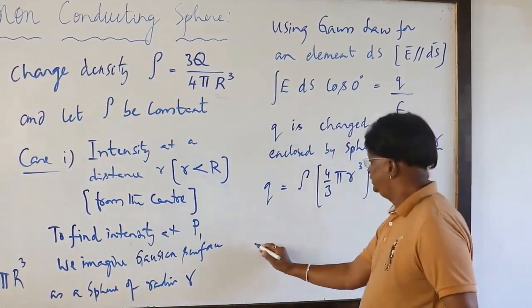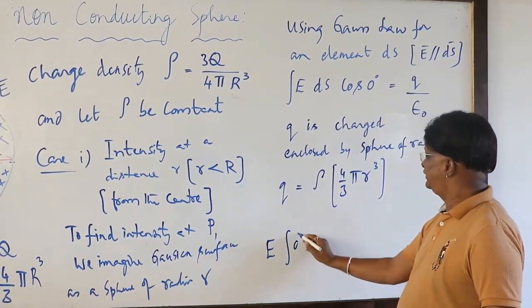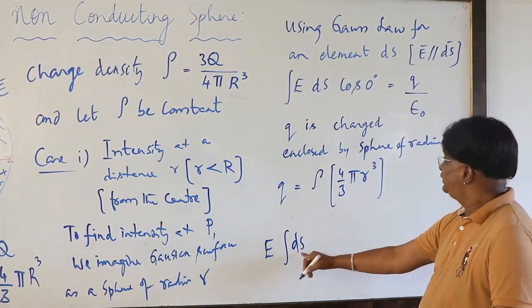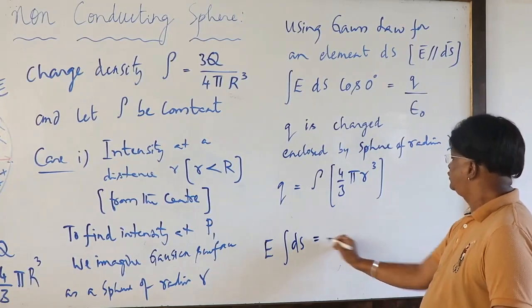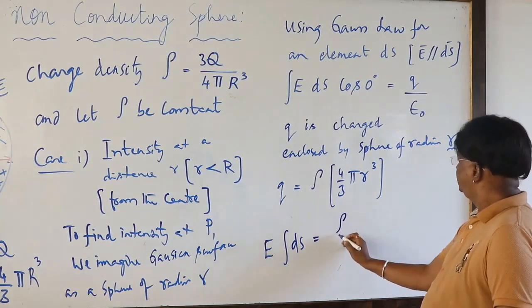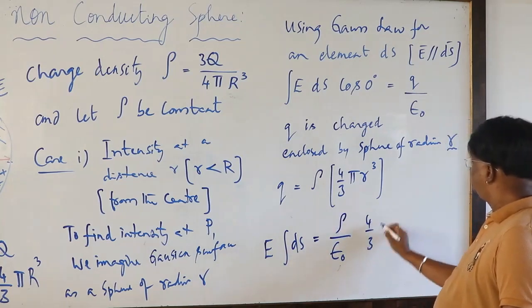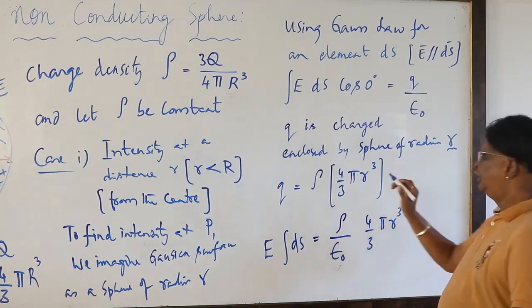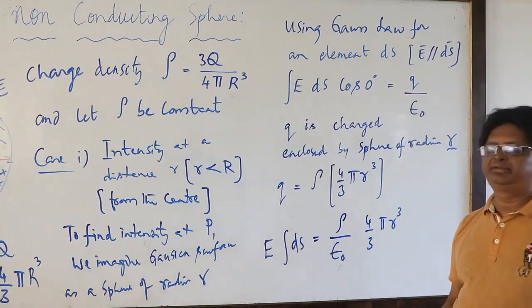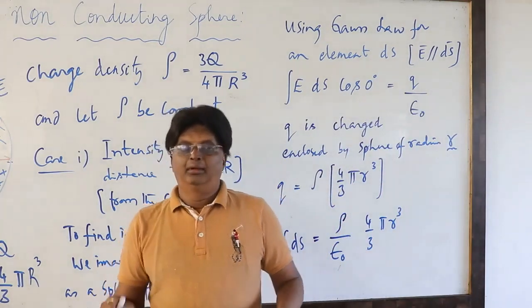This is integral E ds, and taking E outside the operator, E integral ds is equal to q, which is now nothing but rho by epsilon naught times 4/3 pi r cube. Right? Now we know what this integral ds is.